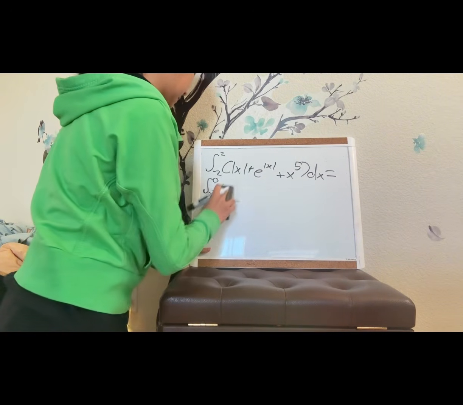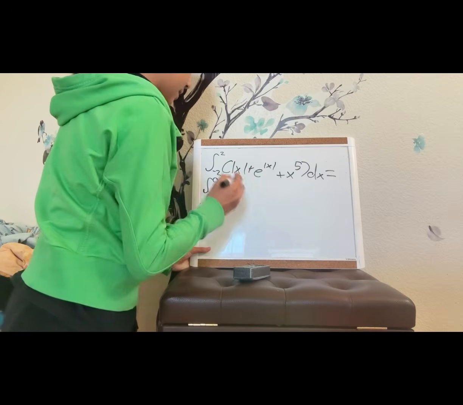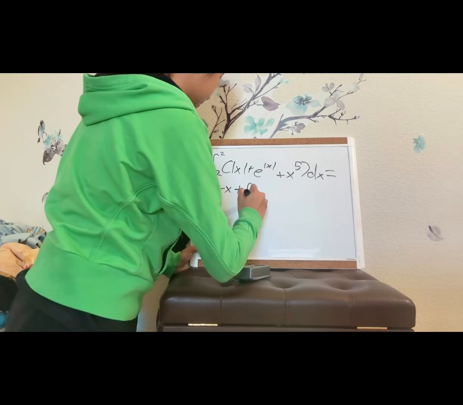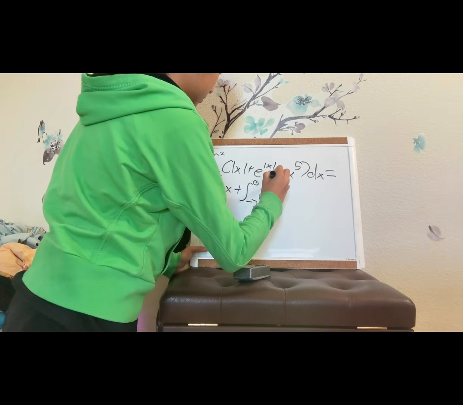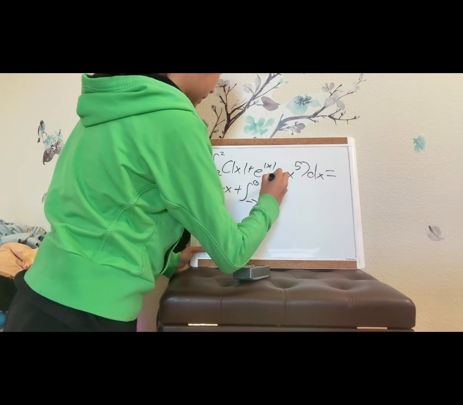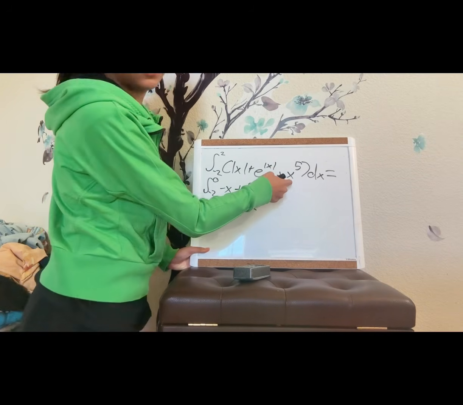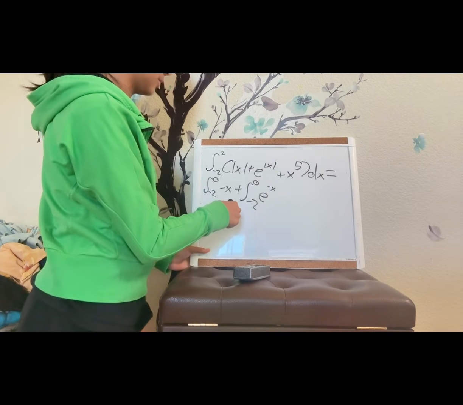Okay, integration symbol of -x, and then we're going to plus integration symbol from -2 to 0 of e to the -x again. But this has no absolute value symbol, so we don't actually have to break it into two parts.